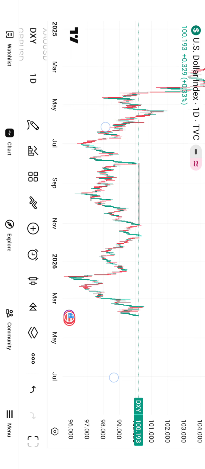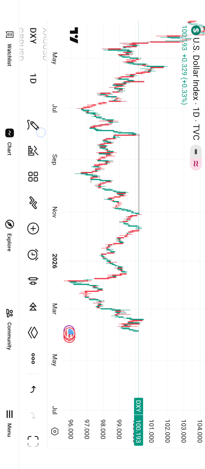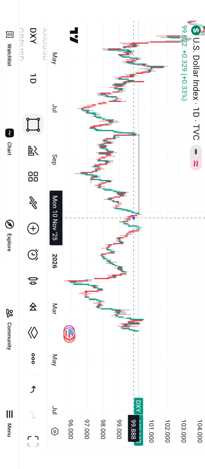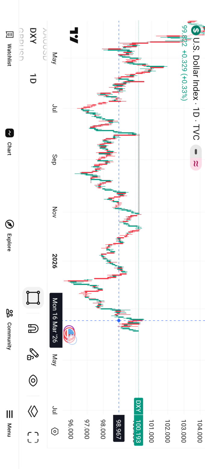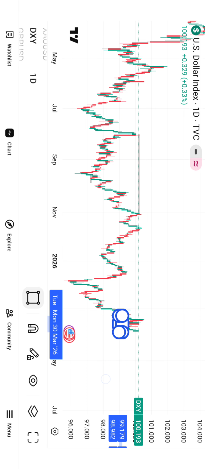You could see price filled this fair value gap right here, and then it's bouncing back up.